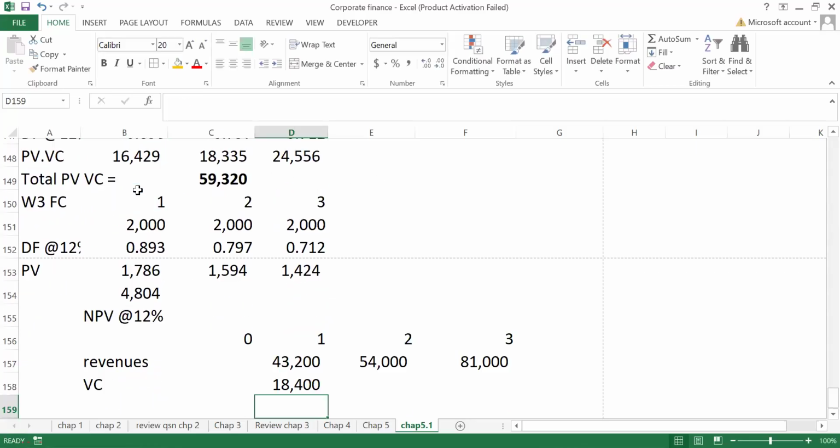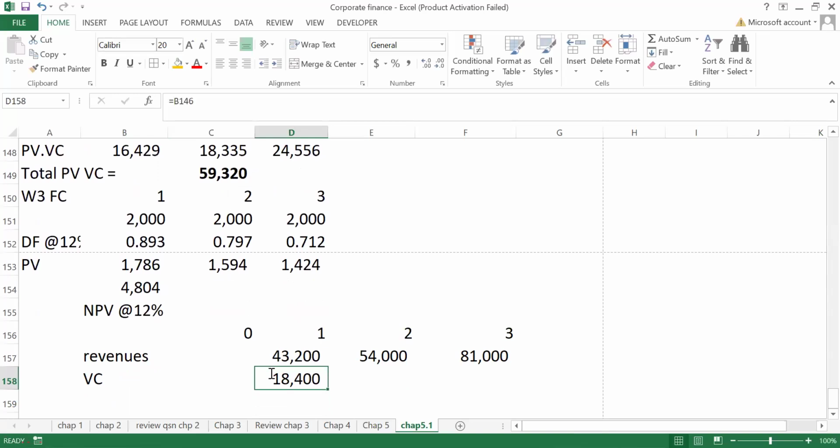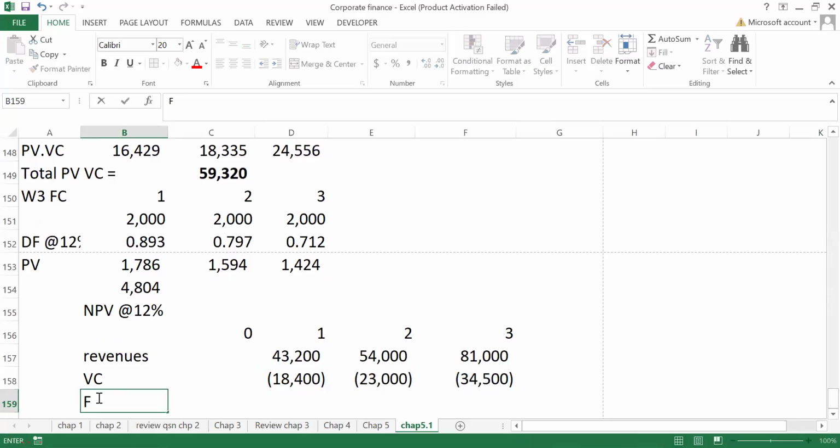The discounted are only to help me to be able to compute my sensitivity. Then the fixed cost, still I take the fixed cost which is not discounted.